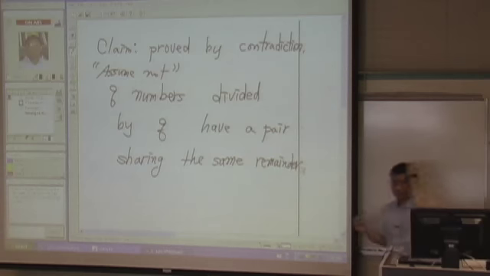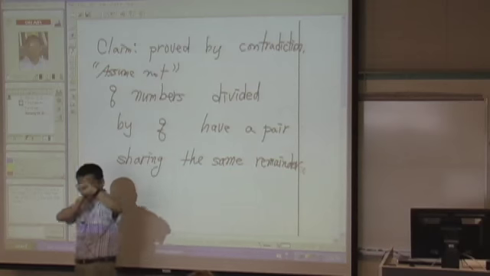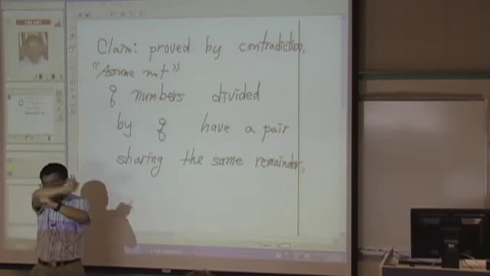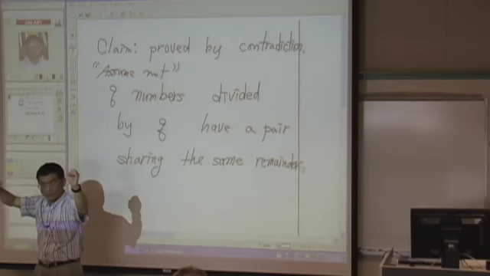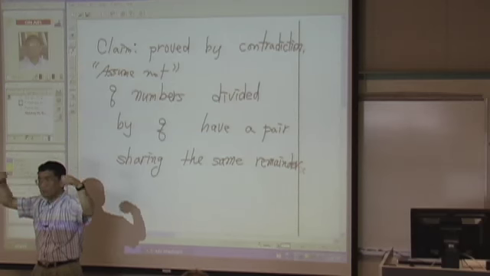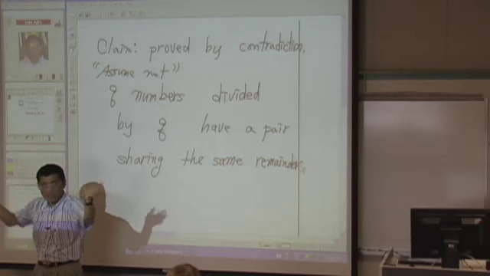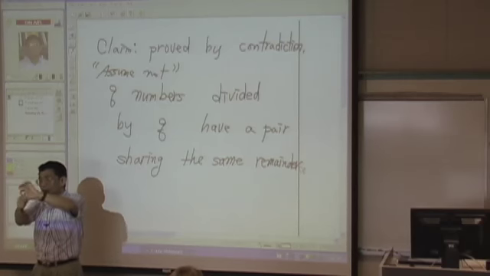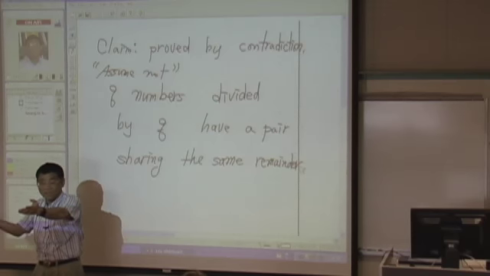Do you follow me? I said when you divide q numbers by q, then the remainder will be evenly distributed, right? Evenly distributed between 0 to q minus 1. So I want to prove this statement. Assume not. In other words, it's not evenly distributed. That means some remainder might be missing, and some remainder might be shared by other numbers.